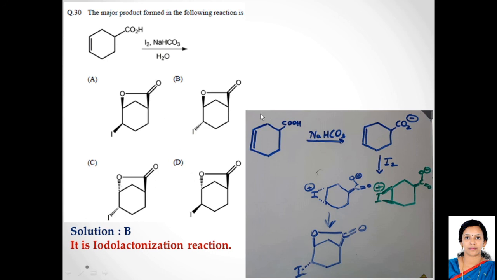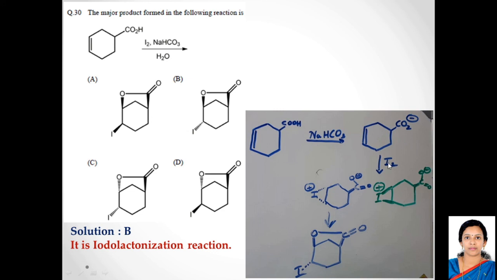So these two look okay, but of these two, B is the correct option, because in B the iodine is facing away from us, and so this oxygen of the carboxylate group, which is facing towards us, can attack this carbon from the front side, because it doesn't have to feel the steric hindrance from this iodine.